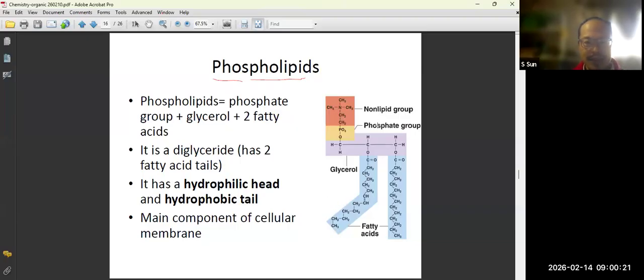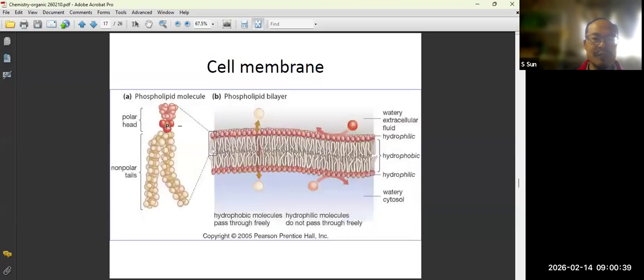And so this group becomes hydrophilic, friendly to water, and this side is hydrophobic. It's lipid, so it's hydrophobic. So a hydrophobic tail and a hydrophilic head. Our body uses this to form the cell membrane right here.